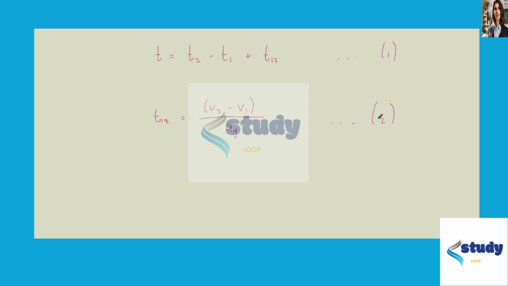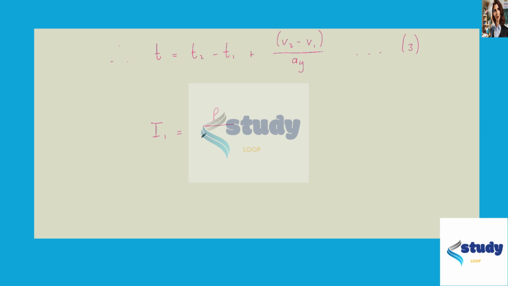We'll call that equation 2. So we can combine equations 1 and 2, and we get an equation for the difference in time between measurements, which is t2 minus t1 plus the expression above, v2 minus v1 over ay. We'll call this combined equation number 3.